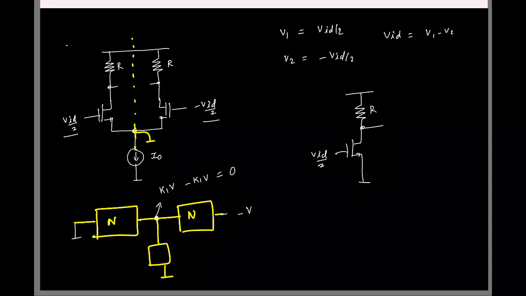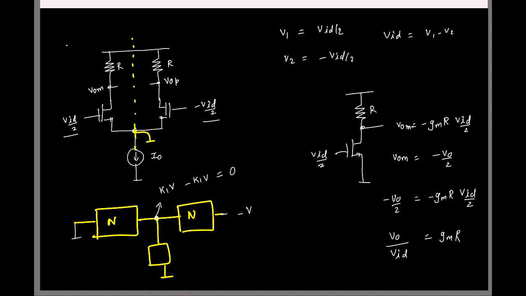What is the output here? Let's say minus GM R times VID by 2. Okay, and this is going to be, let us say, my VOM and VOP. So this is going to be my minus output, and VOM, I know it's minus VO by 2. So minus VO by 2 is minus GM R times VID by 2. So VO by VID is GM times R.